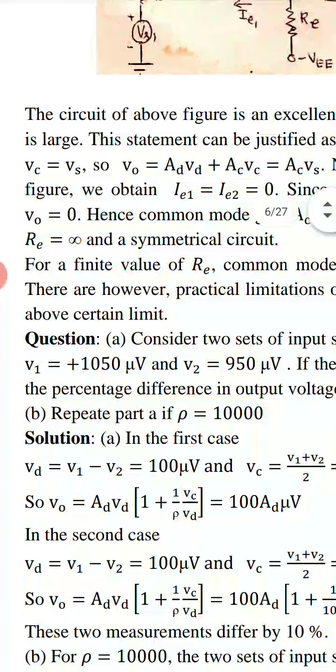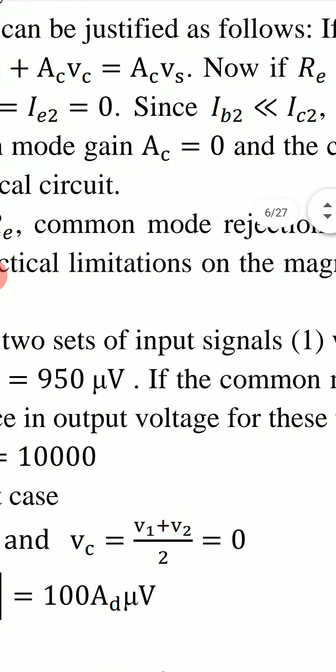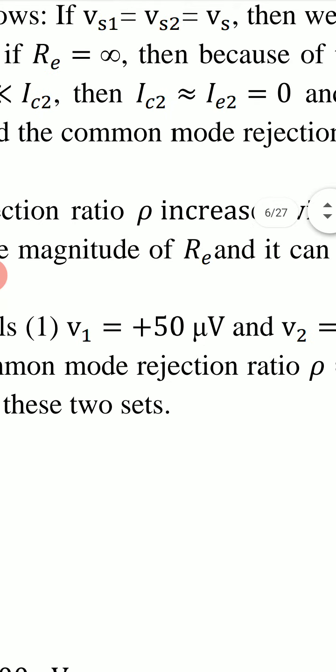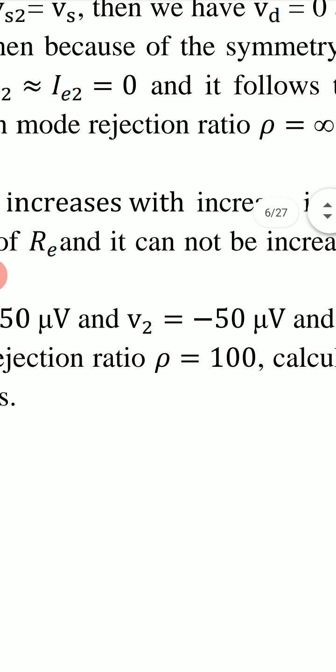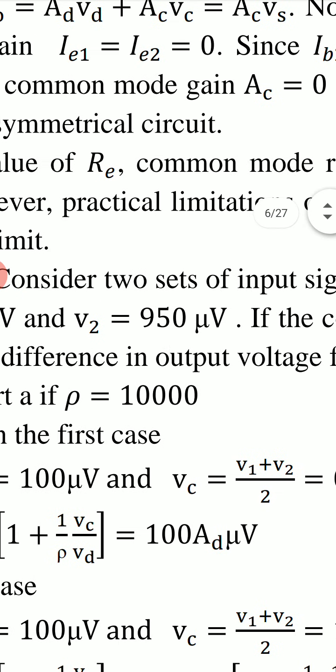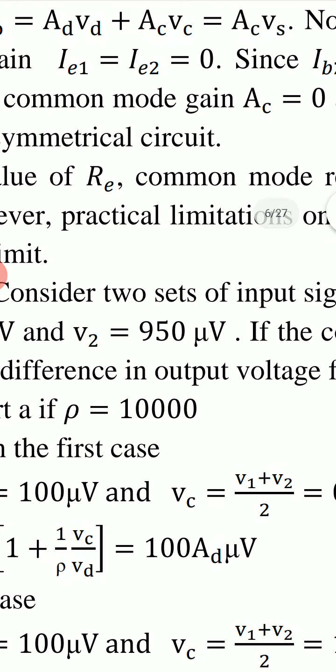There is one numerical example. First part A. Consider two sets of input signals. The first set is V1 equal to plus 50 microvolt and V2 equal to minus 50 microvolt, and the second set is V1 equal to plus 1050 microvolt and V2 equal to 950 microvolt.